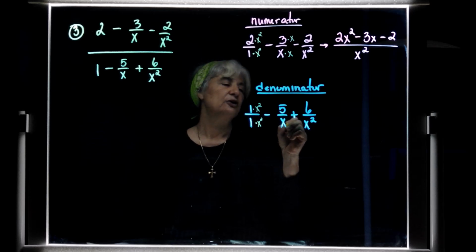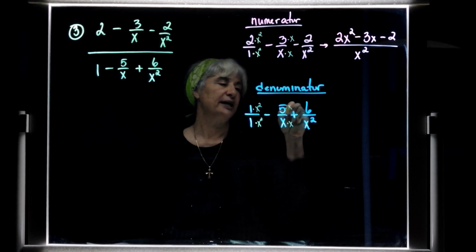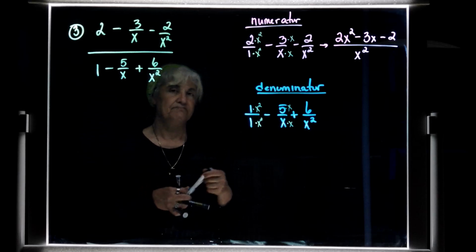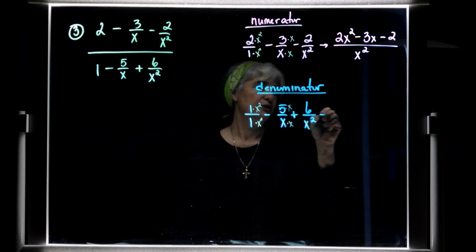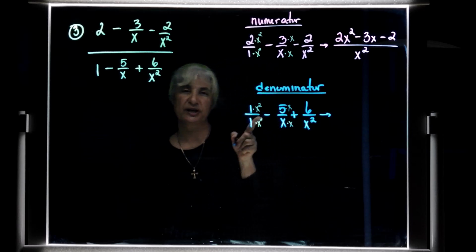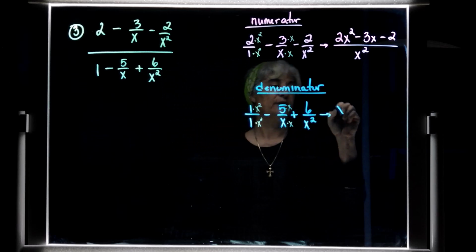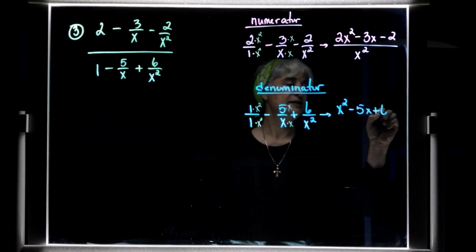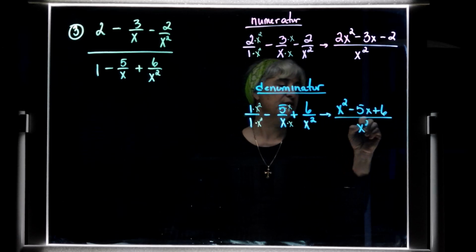Fraction 2, multiply the numerator and denominator by x. Fraction 3, good, nothing, because it's already the correct denominator. So what'd you get? We have x squared minus 5x plus 6 all over x to the power of 2.